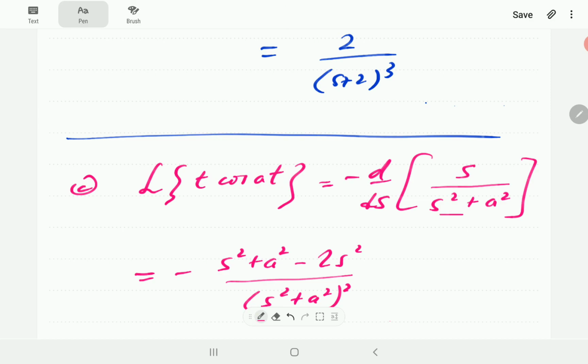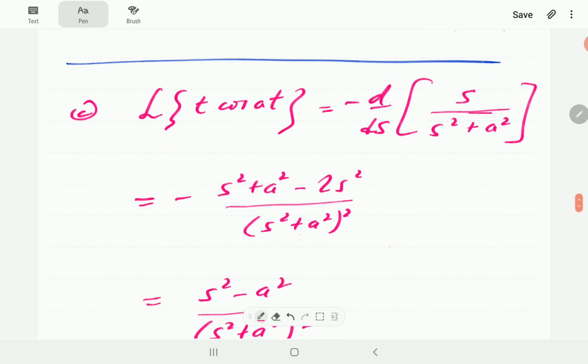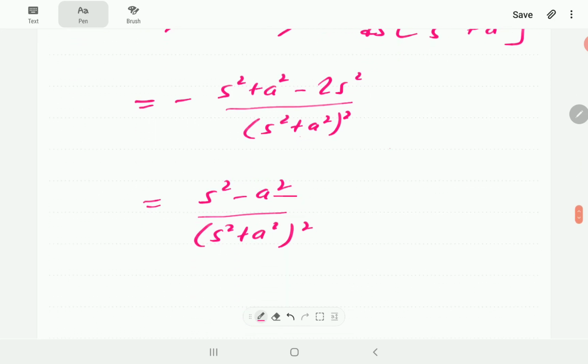This one is s over s squared plus a squared. So then just differentiating this once by the quotient rule, it's going to give us this here, which simplifies to that. So that's going to be the Laplace transform of t times cosine at.